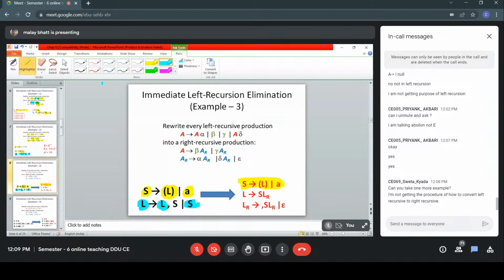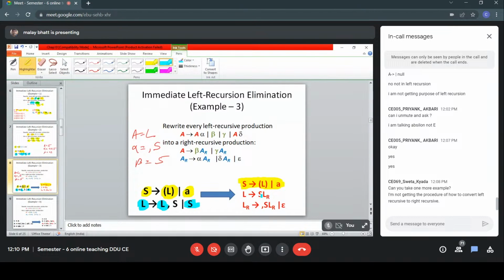If I match, I will match A with L, alpha with comma and S, and beta with S. This is how I can match with the rules. There is no gamma here, and also no delta here. So now, if I write L gives beta, so beta is your S.